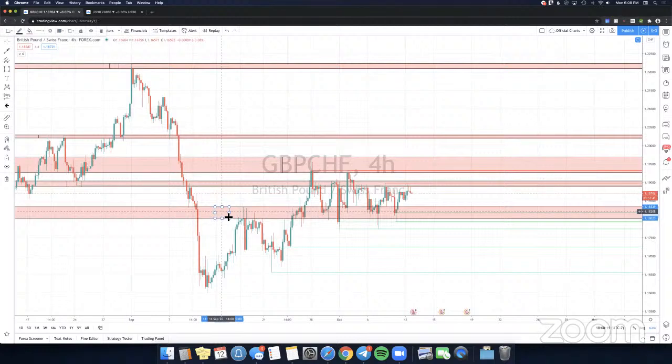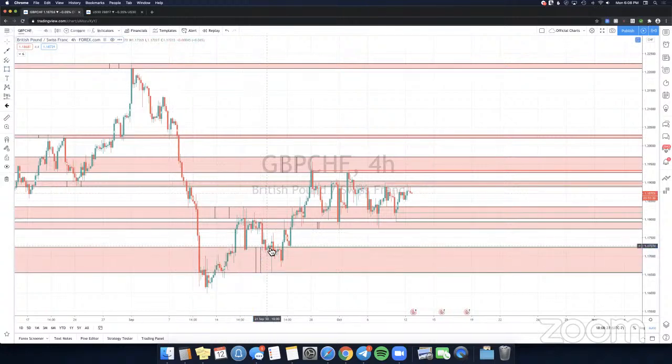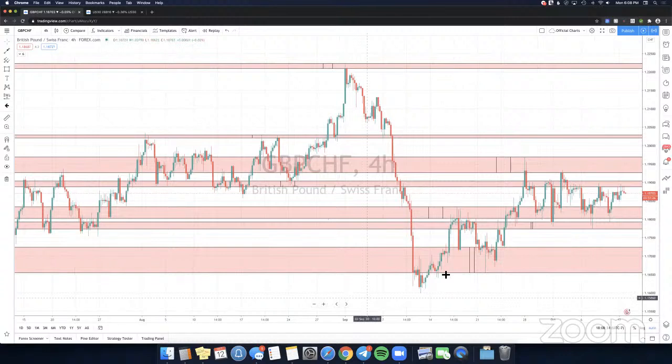Let's see, we can put two zones right here. All right, cool. So let me hide this. And there are the zones for GC right there.